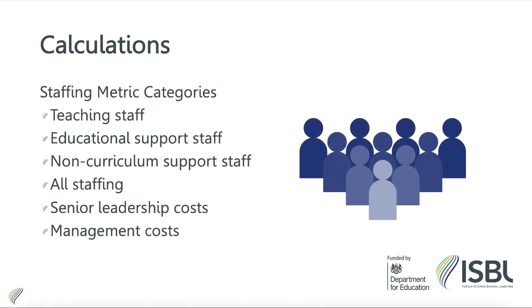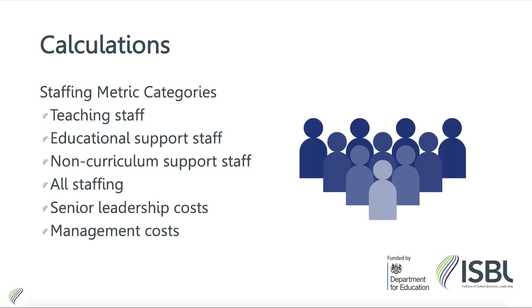As part of integrated curriculum financial planning, we also look to calculate staffing metrics measured against income and expenditure. To categorise the staffing, we use the consistent reporting framework codes to help us do this. If you're not familiar with this framework, then the guidance can be found on .gov.uk.